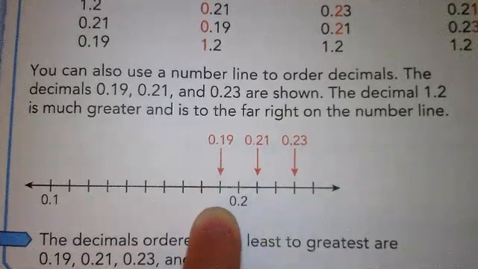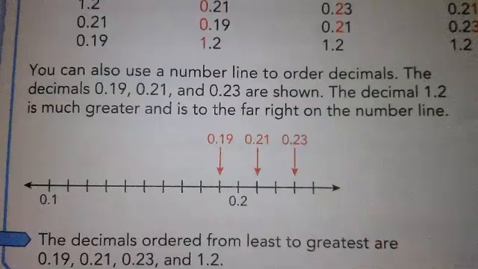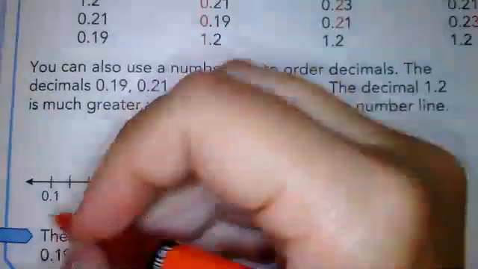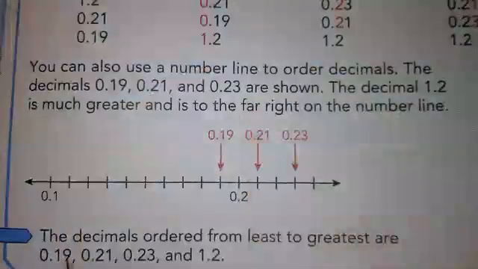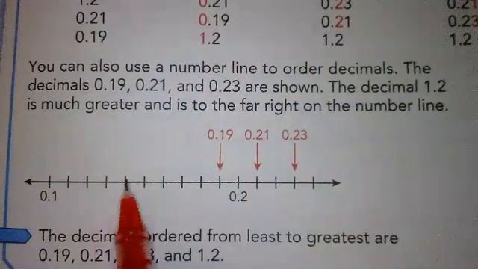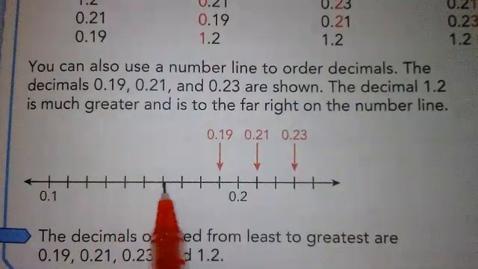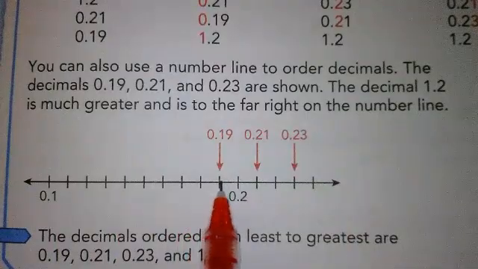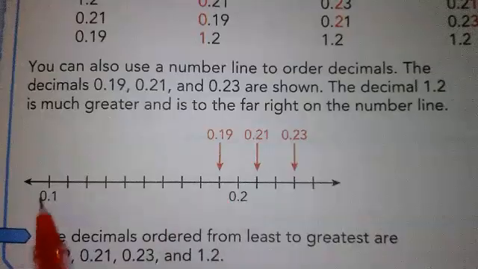0.19 is the line right before it, okay, because we have 0.1. So this, if we were to mark this, would be 0.12, 0.13, 0.14, 0.15, 0.16, 0.17, 0.18, 0.19. Oh, wait, how did I mess that up? Oh, sorry, because it'd be 0.11. This is technically 0.10.